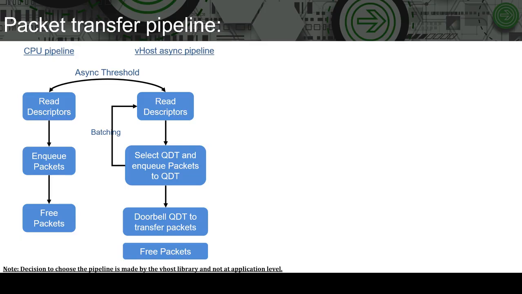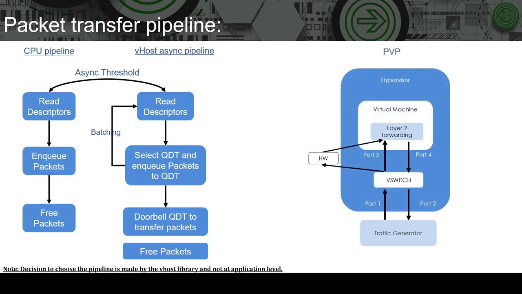Let's take an example. First, let's consider a typical PVP scenario where there are two physical ports, that is DPDK ports, connected to the traffic generator and two vHost ports connected to the VM. Let's assume there is an L2 forward application running inside the VM and the hardware block here represents the QDT. Now let's assume the async threshold in this case is 512 bytes.